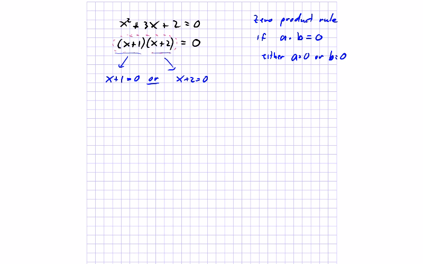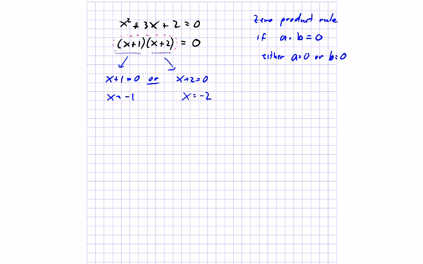They can't both be 0 at the same time because of the numbers involved, but one or the other could be 0. And clearly, if x plus 1 equals 0, x would have to be negative 1. And if x plus 2 were to equal 0, x would have to be negative 2.